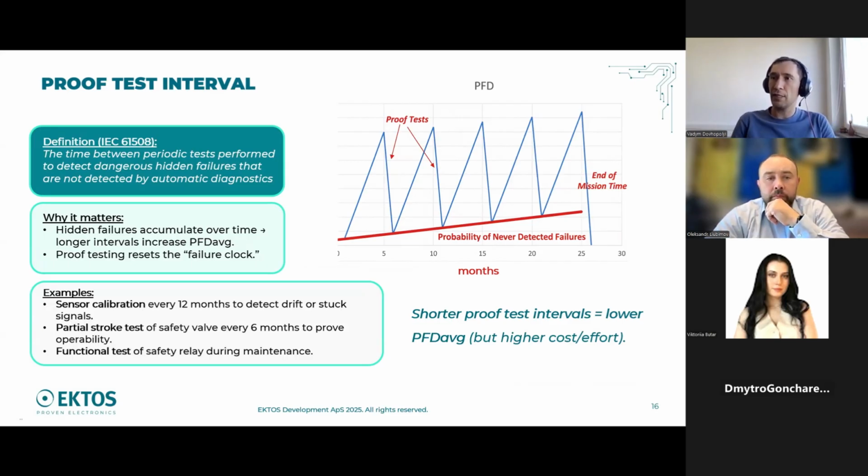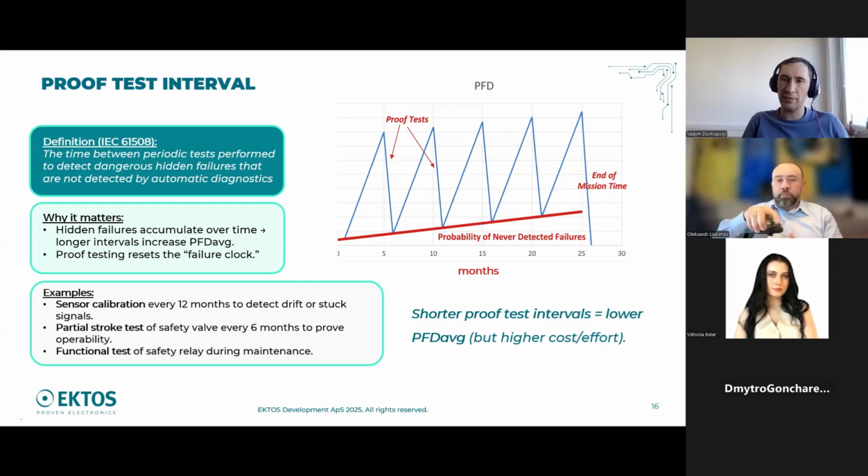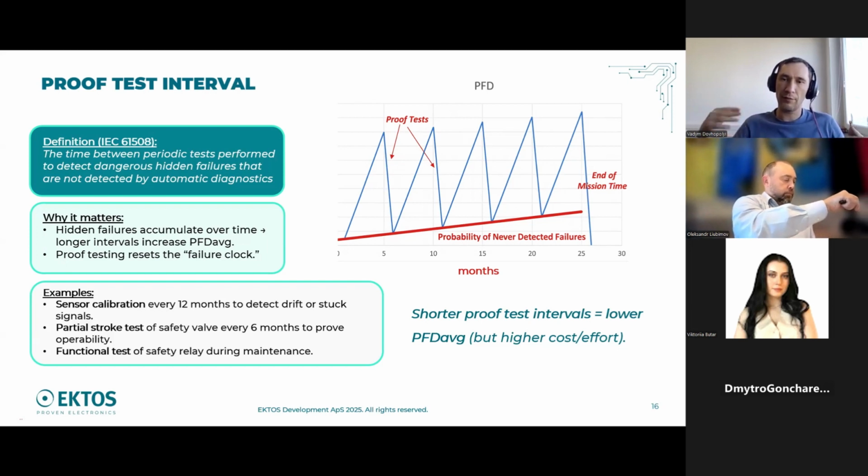The proof test interval is the interval between tests in which you prove that your system works. So if you look at a sensor, you can calibrate the sensor and apply a high level of whatever physical parameter, such as gas concentration or pressure, and see that this sensor can actuate the valve or the system, and it can operate as usual.